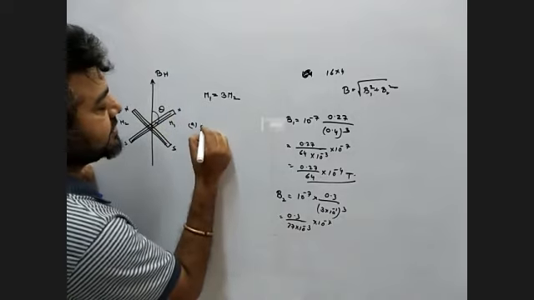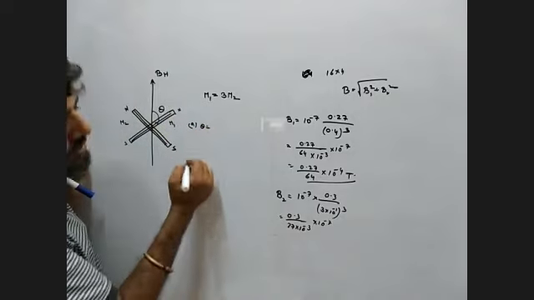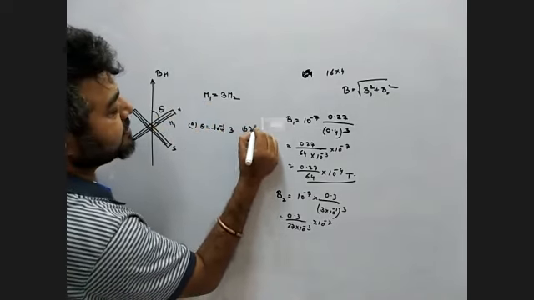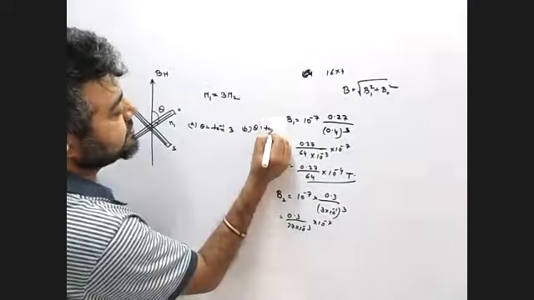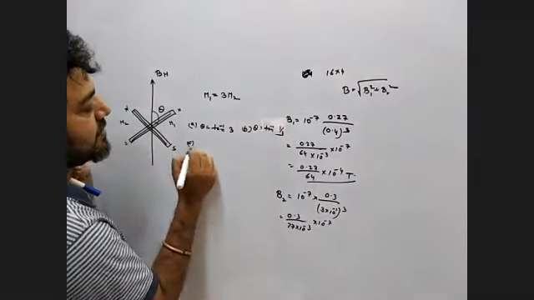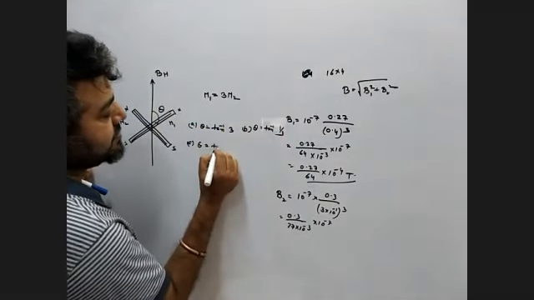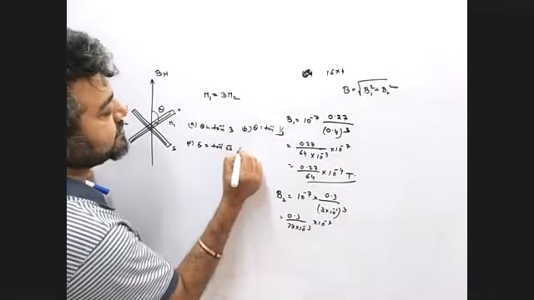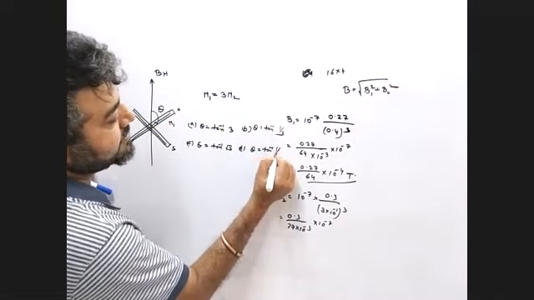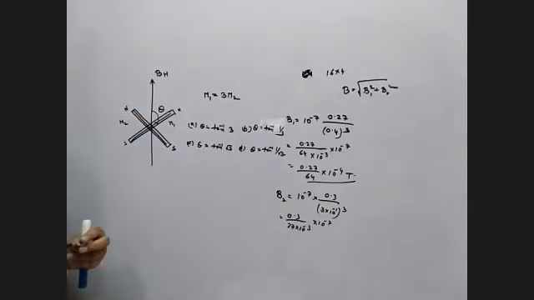Option A, theta equals tan inverse 3. Option B, theta equals tan inverse 1 by 3. Option C, theta equals tan inverse root 3. Try this question.